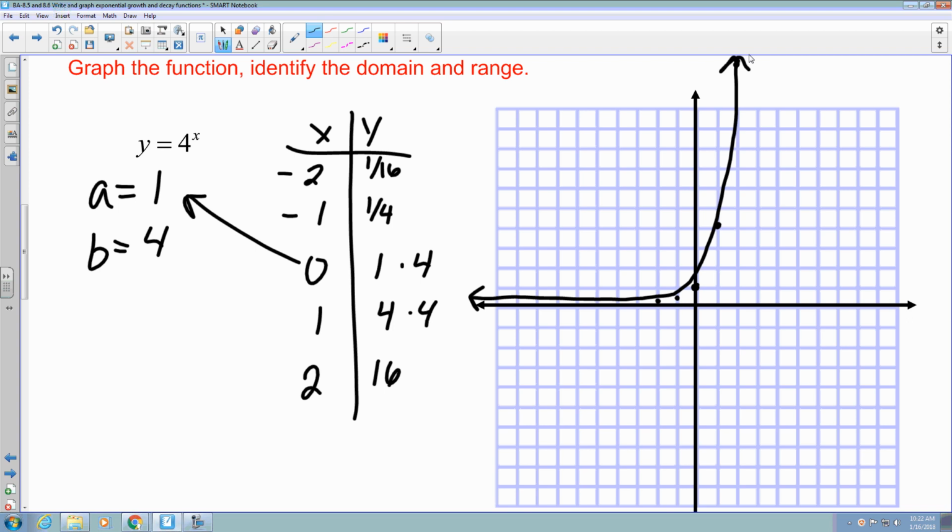And finally talk about domain and range. The domain in this case again is all real numbers, and my range, if you look, will be y again is greater than 0.